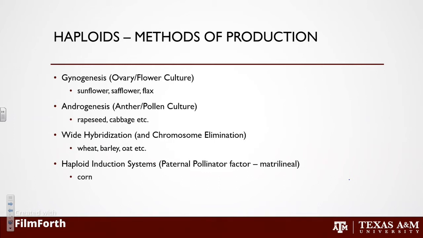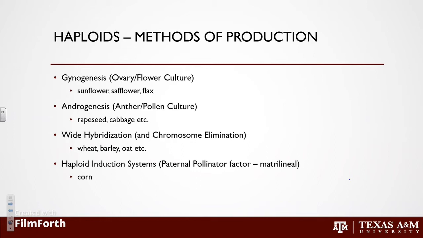Corn is the classic example, and the one which was first described back in the late 1950s, and then really came on board about 10 to 15 years ago as a true system of extracting double haploids in corn after 40 years of breeding to increase the frequency of this genetic control that affects the induction of maternal haploids based on a paternal pollinator. And the gene most commonly associated with this is called matrilineal. Although it's not completely penetrant, there are many other factors that influence the induction frequency.